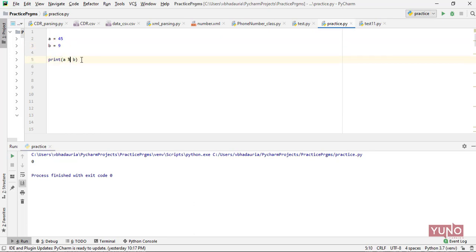If I am talking about the simple single division, I am talking about the floating part of the numerator and the denominator, so I am talking about the quotient part. My quotient is 5.0. And why is it not only 5, why is it 5.0? Because I am using the single division operator. If I am talking about integer division, my answer should be 5 only. That's it.